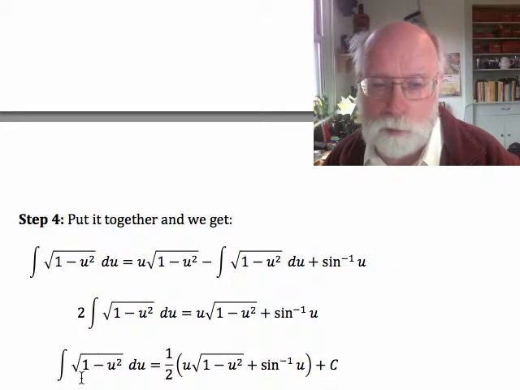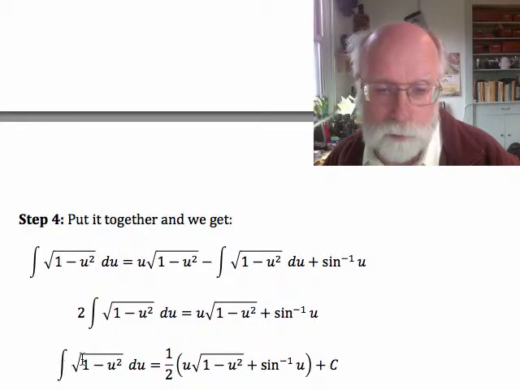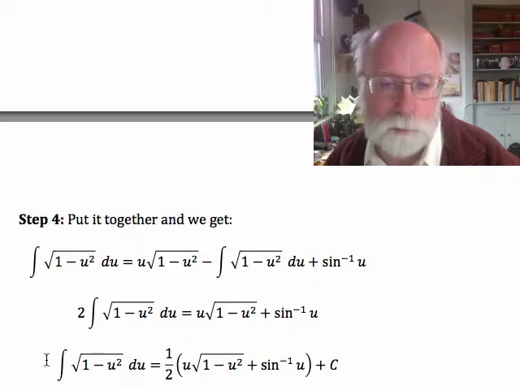So the integral of the square root of 1 minus u squared du is 1/2 the u square root of 1 minus u squared plus inverse sine u plus a constant. So we have now evaluated the indefinite integral that we set out to evaluate. This is the one where we were hoping it was going to be pi over 4 when we were done.